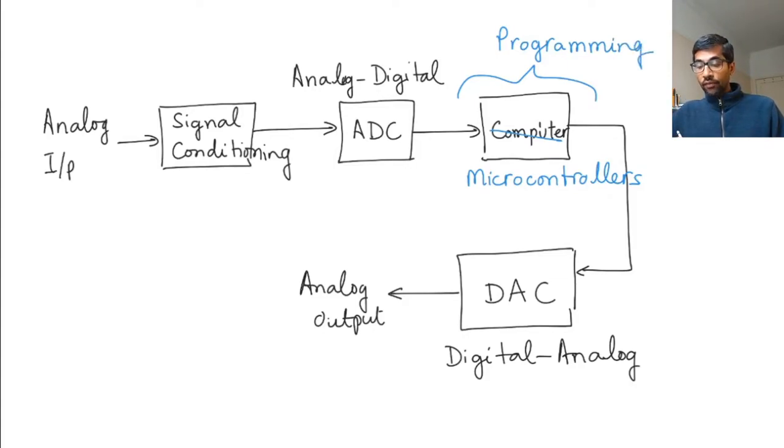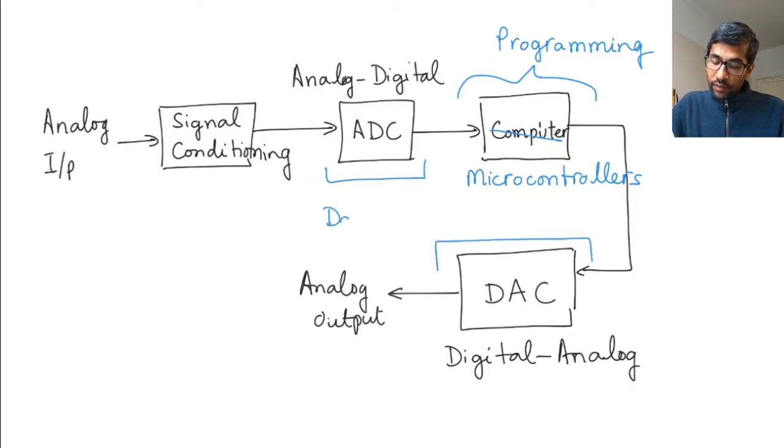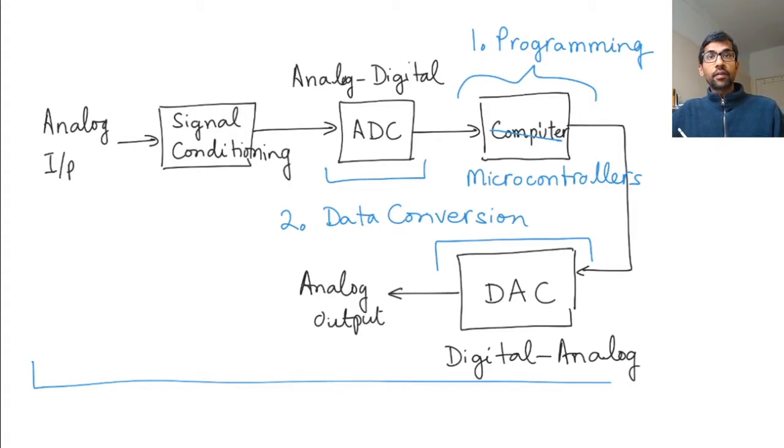And then what we're going to look at is we'll combine ADC and DACs and call them data conversion. And we'll look at data conversion, the theory behind it, in the second part of our lecture. And then in the last lecture, we're going to look at this entire system.